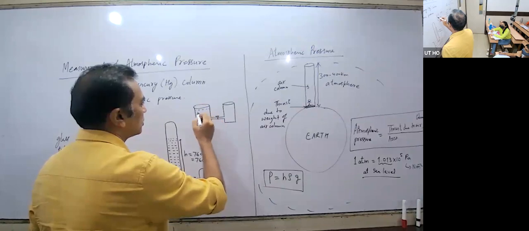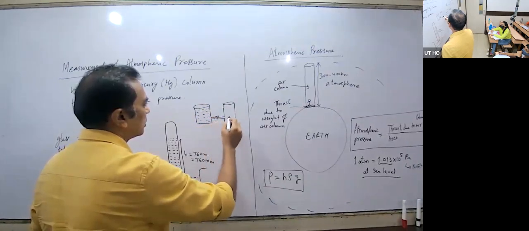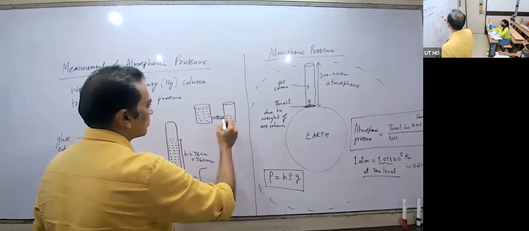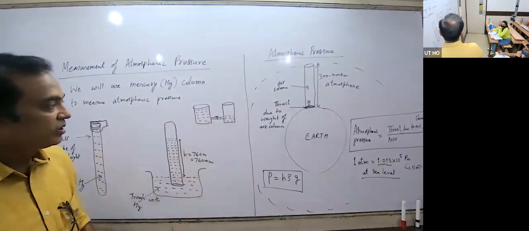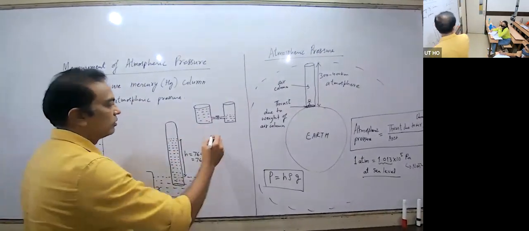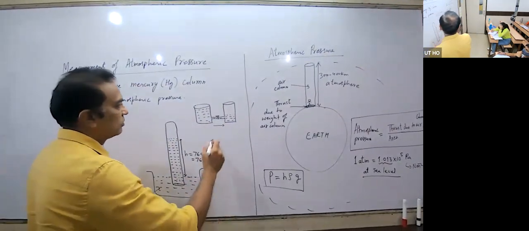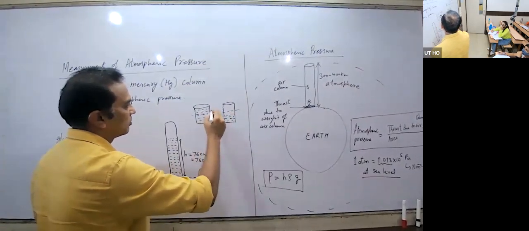Here the water is full at this level, and here the water level is this much. Now when you open the tap, what will happen? Water will flow in this direction. Till when will this flow? When the level in both cylinders is the same.